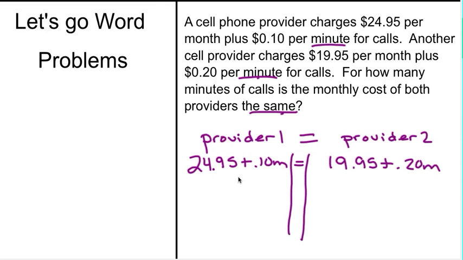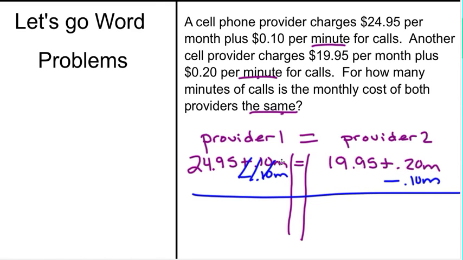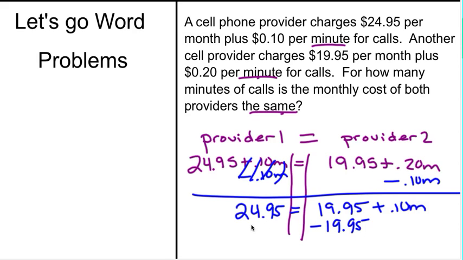When I get them together, I'm going to subtract 10 cents per minute from both sides. That means this side's going to go away, and $24.95 is going to be over here. That's the only thing that remains. $19.95 over here plus 10 cents per minute, because when I subtract those, that's what I would get. I'm going to subtract $19.95.